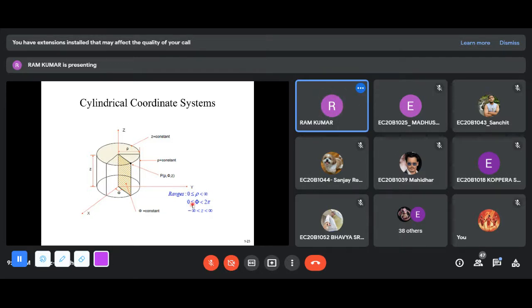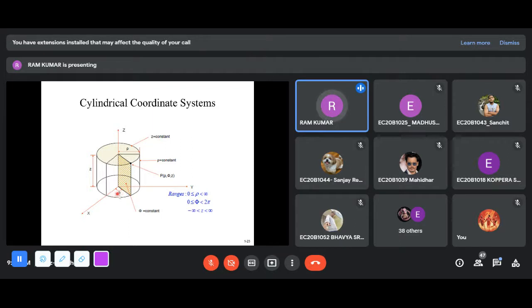Then the angle phi. This is the point where you are going to measure a field due to the line charge present over here. When you make a normal line to the bottom circle of the cylinder, then draw a straight line up to the origin, you get the angle between the x-axis and this line.